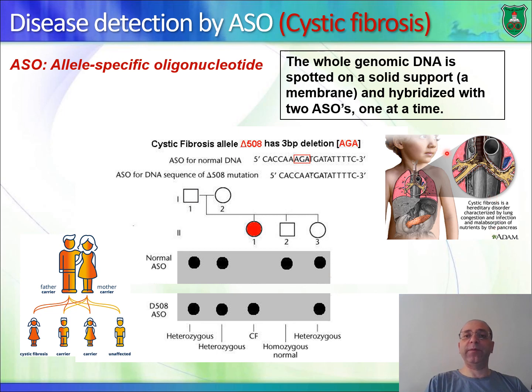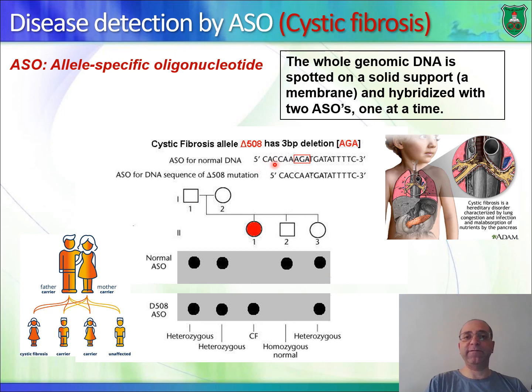It results in the formation of abnormal lungs, and a person would not be able to breathe normally. The cause of cystic fibrosis was found to be deletion in a specific gene, the cystic fibrosis gene.